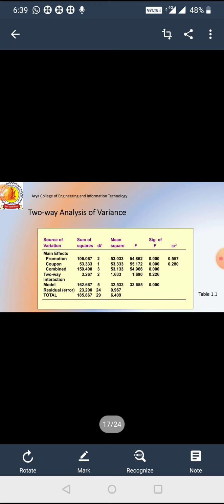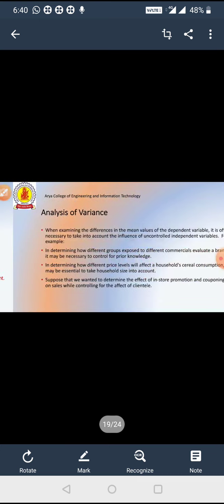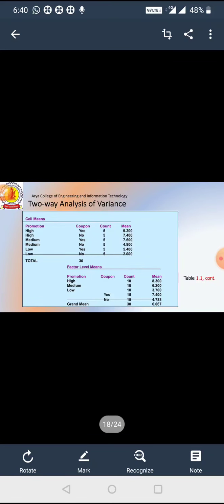We find the sum of squares, degrees of freedom, then the mean squares, and then take the F ratios and discuss their significance by this method. According to the data, if we find the F ratios, we analyze whether our null hypothesis is acceptable or not.